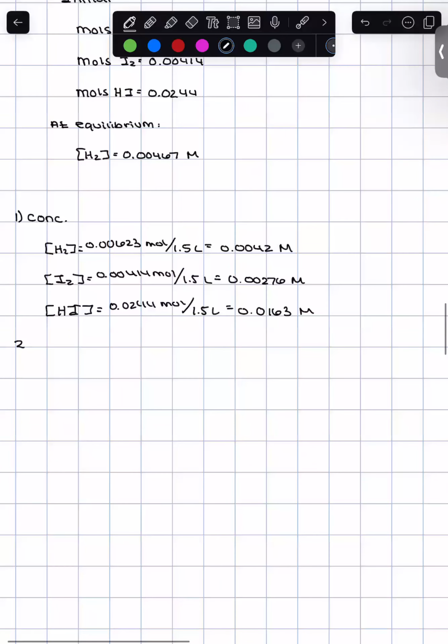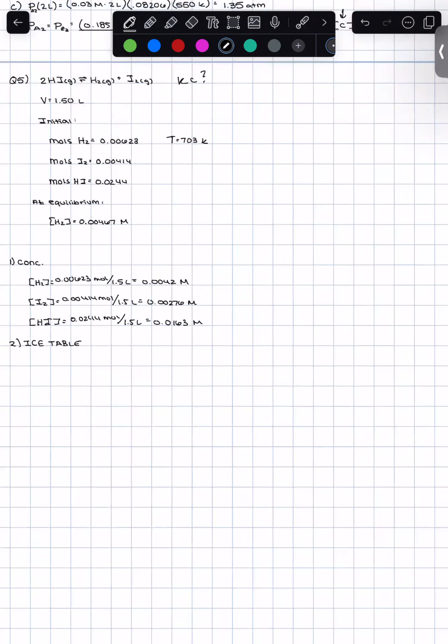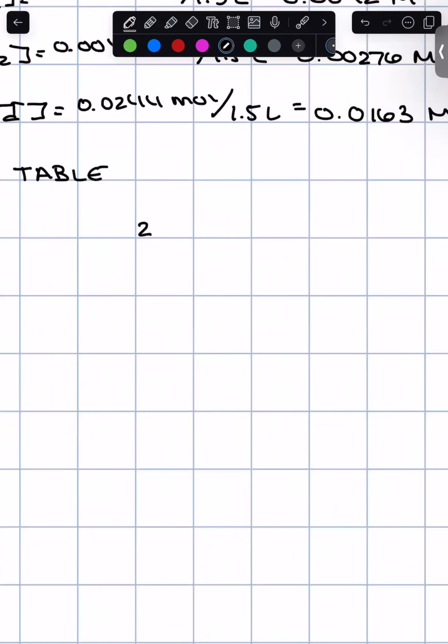Step 2, ICE table. So we have 2 HI producing H2 plus I2.